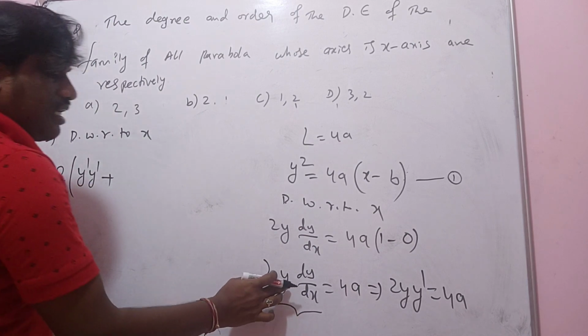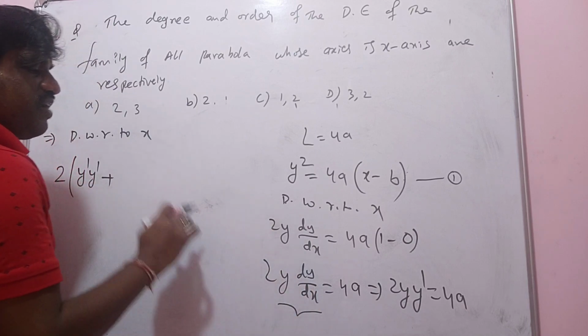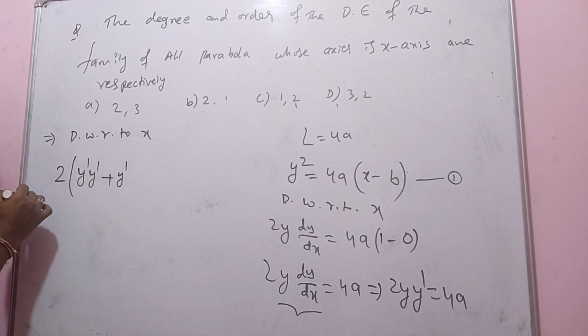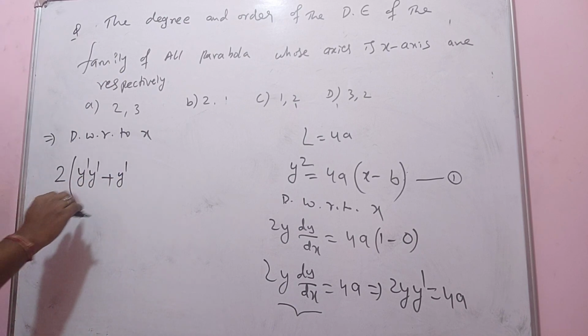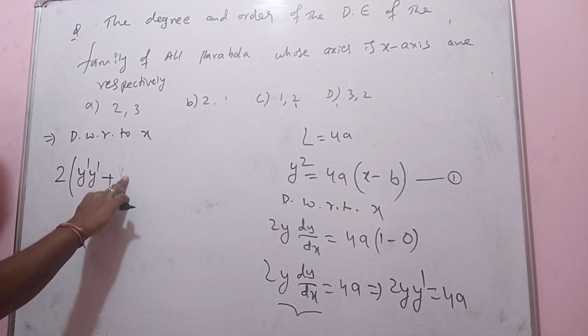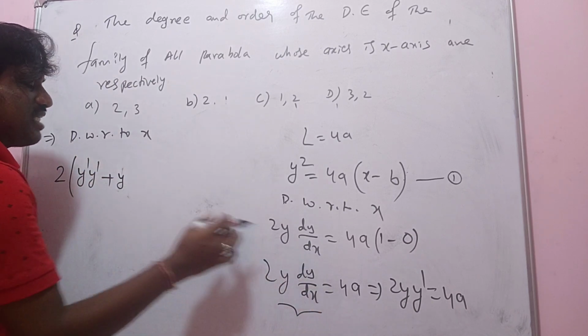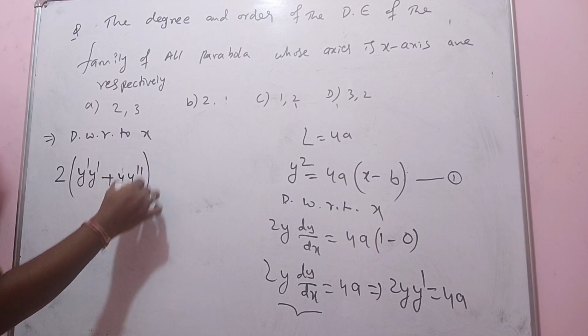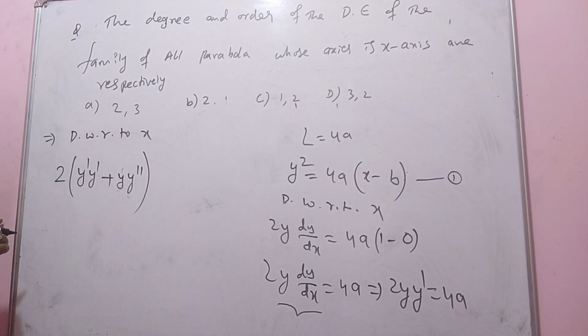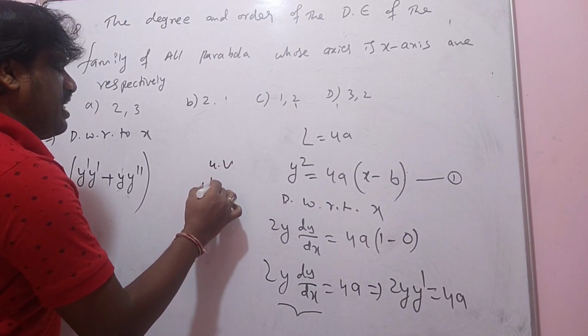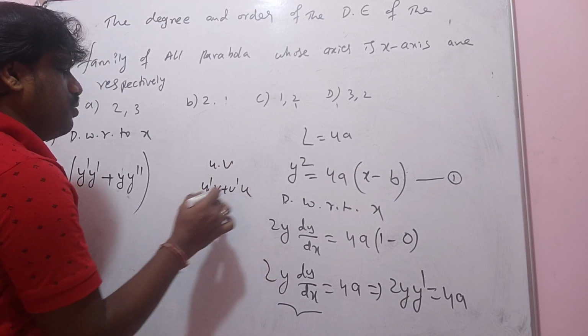plus, now u dash v dash u. So v I will keep the same, meaning y dash I will keep the same. Are you getting it? I keep the y the same, and y dash I differentiate, y double dash. Are you getting here? Y double dash. So uv differentiation is u dash v plus v dash u.